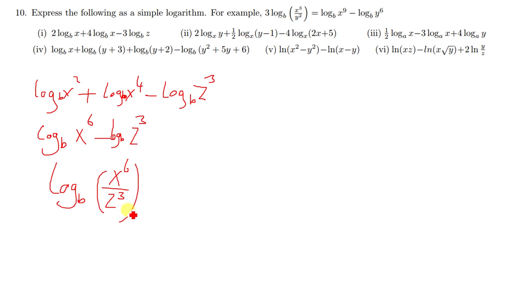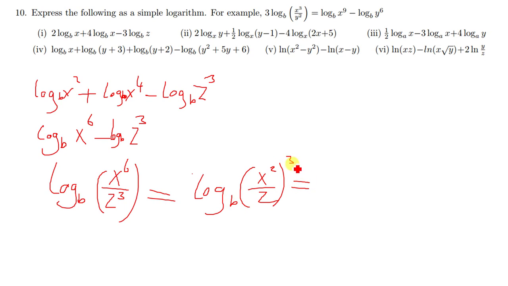We have expressed this as a single logarithm. If you want, you can even simplify it further by saying this is equal to the log of x to the power 2 over z, then you put 3 there, with base b.